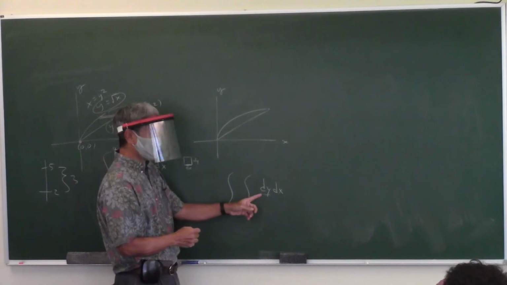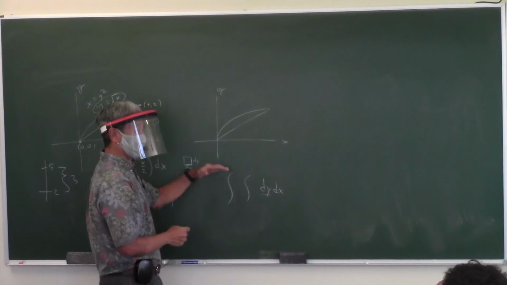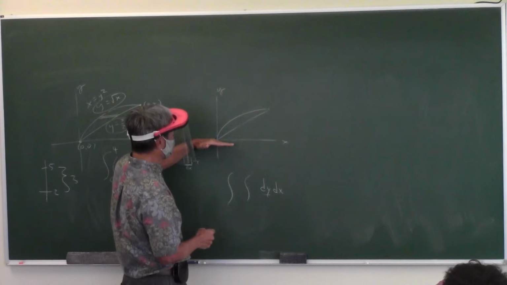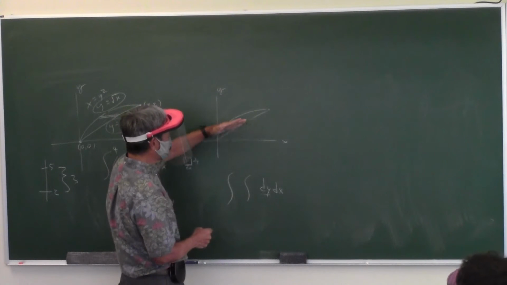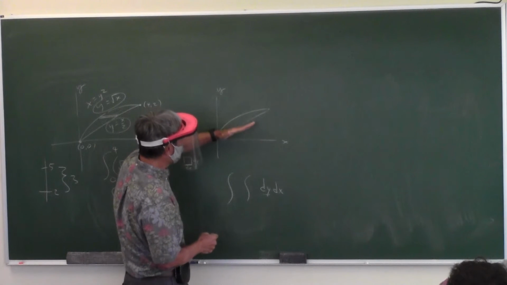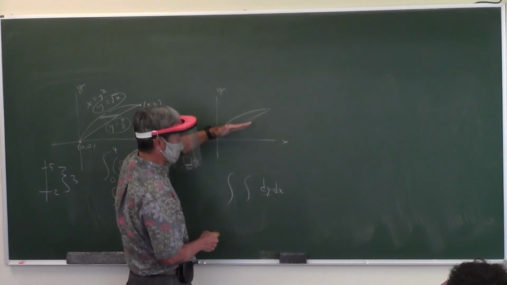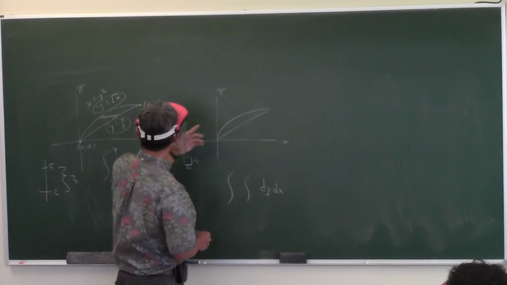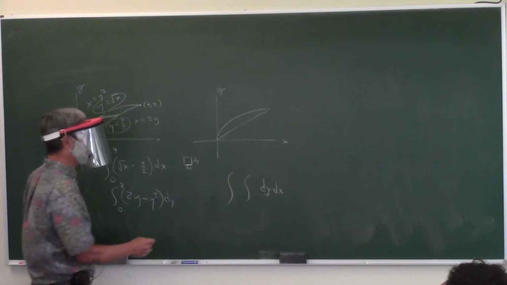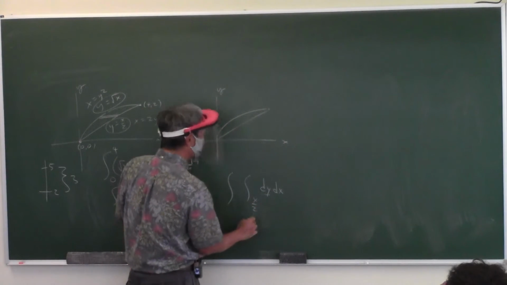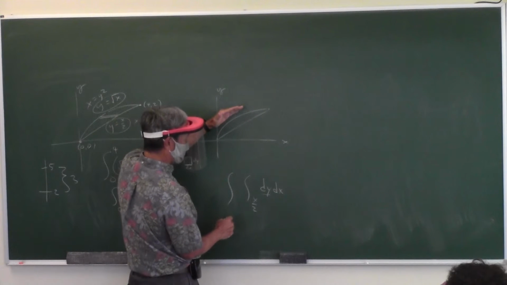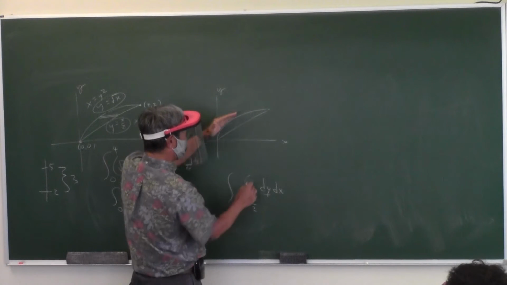So if you're going to integrate with respect to y first, then what? What do you think? What's the equation of the curve on the bottom? Because you have to go from the bottom one to the top one, right? Over here, it's x over 2. And what's the equation of the curve on the top? Radical x.